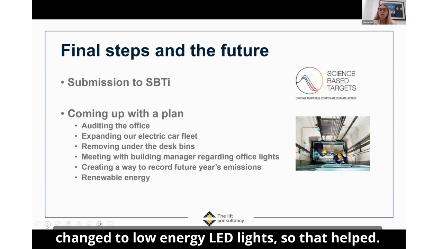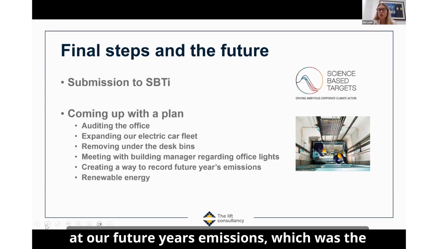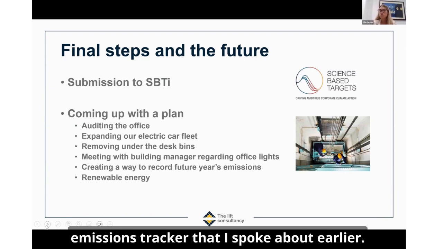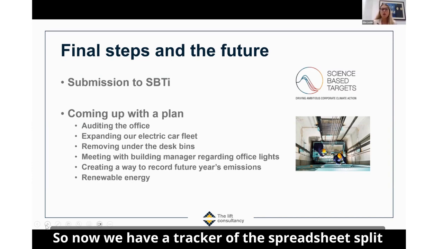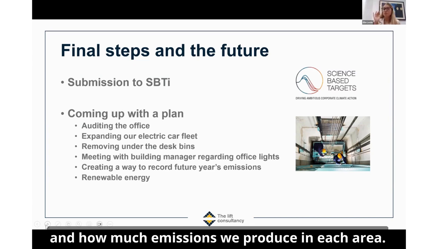So that helped. And we then created a way to look at our future year's emissions, which was the emissions tracker that I spoke about earlier. So now we have a tracker on a spreadsheet split into scopes and our different areas within the scopes and how much emissions we produce in each area.